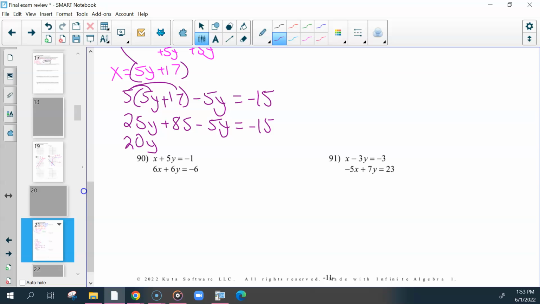And I can also move 85 over. That should be negative 100. And then divide both sides by 20. So y equals negative 5.